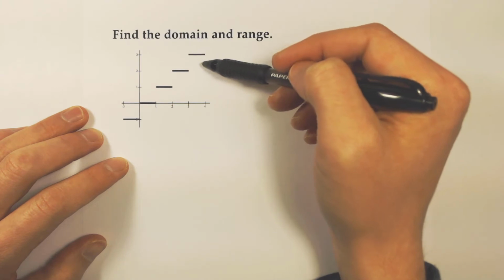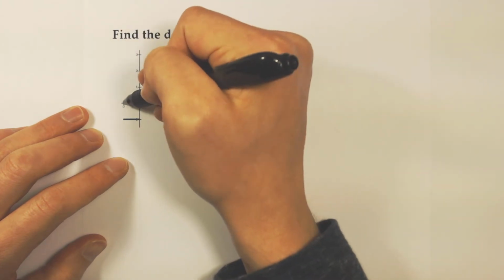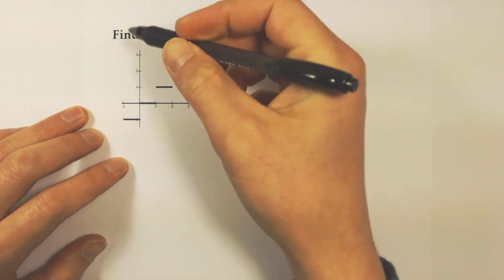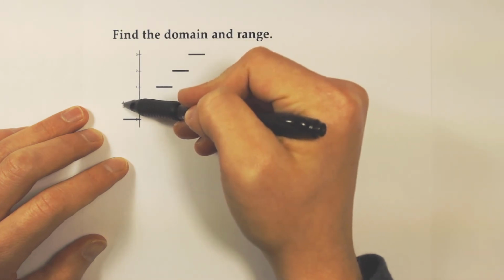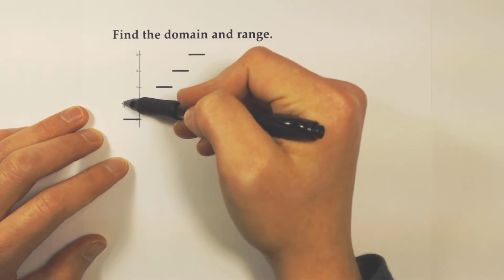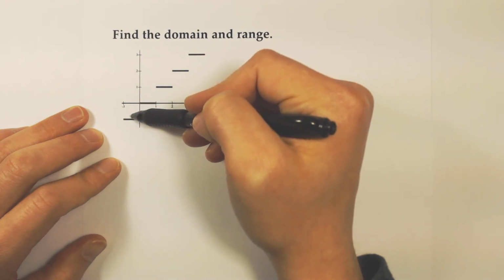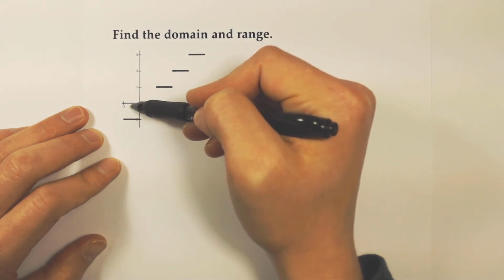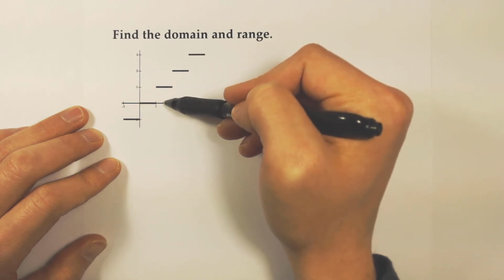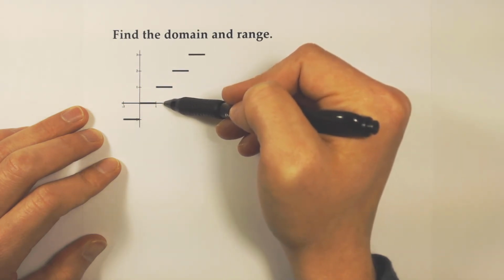Okay. So for example, -1. If I came here to -1, if I have an x value of -1, there is a point on this graph that has an x value of -1. Okay. -0.5. There's also a point down here that has an x value of -0.5. 1.5. X equals 1.5.